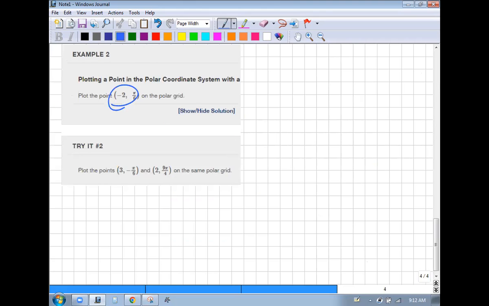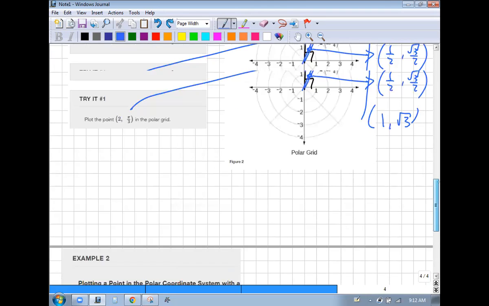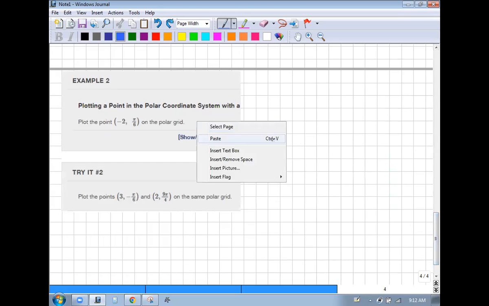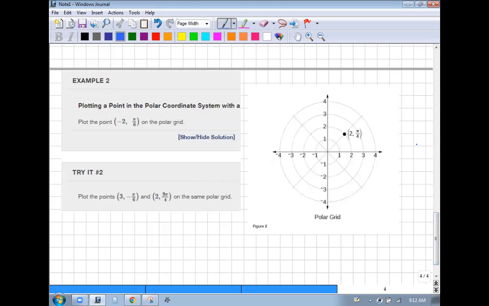Here they gave us a negative radius. Like, what does that mean? In applied math, you never have a negative radius. Well, here's pi over 6. There's pi over 6. So the radius being negative just means go in the opposite direction. So we'd be over here, right?